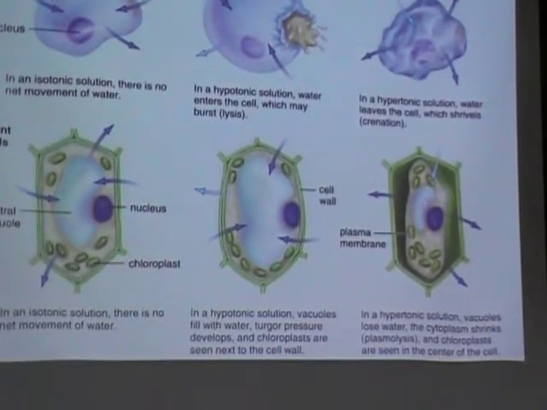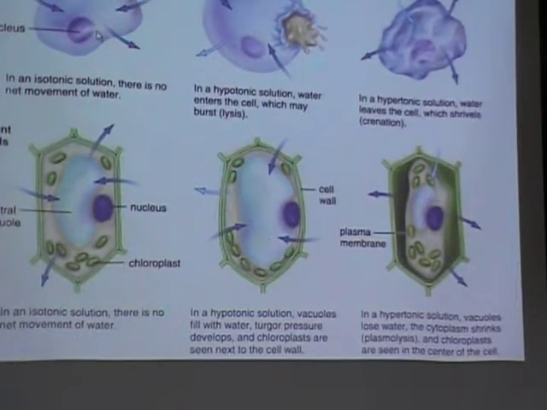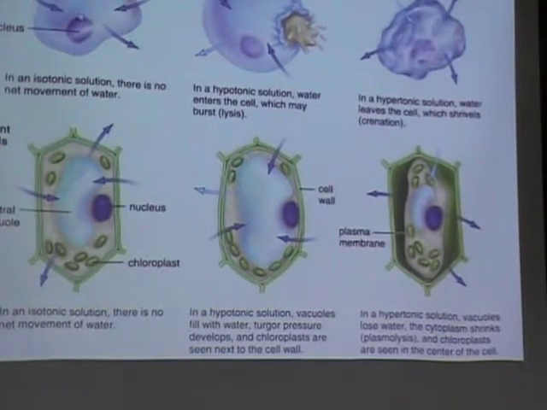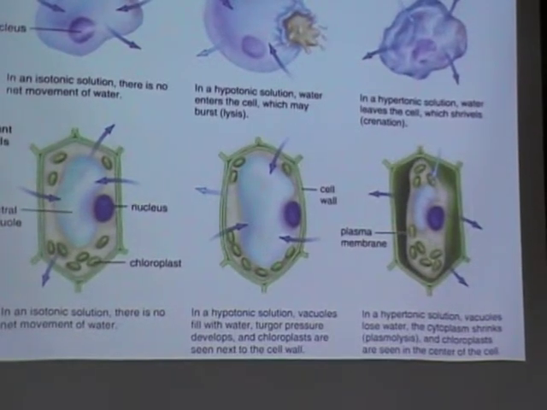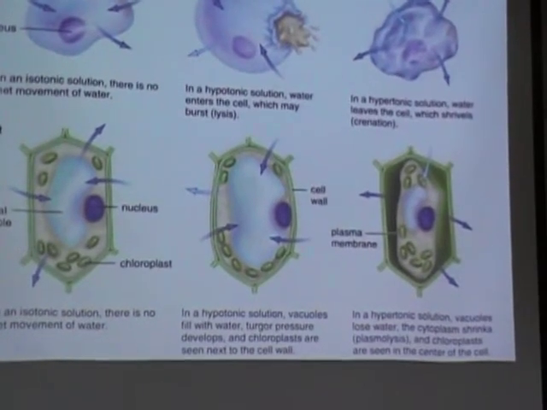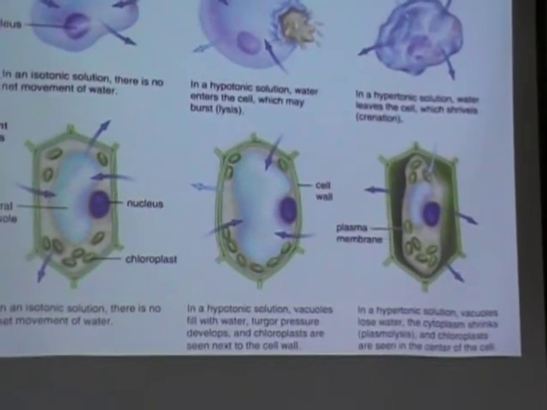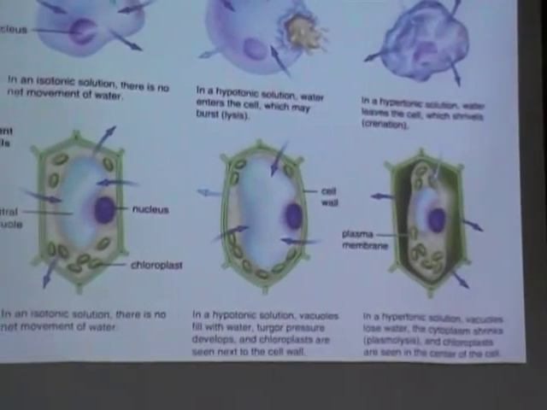Okay. In this first case, there's the same amount of water outside the cell as inside the cell. Usually cells are about 70 or 80% water. Cool. So here's a cell that's 80% water, sitting in 80% water, which is water that has a little bit of solute in it, maybe a little salt, maybe a little sugar. The same amount of water will go outside the cell as will come inside the cell because they're equal.